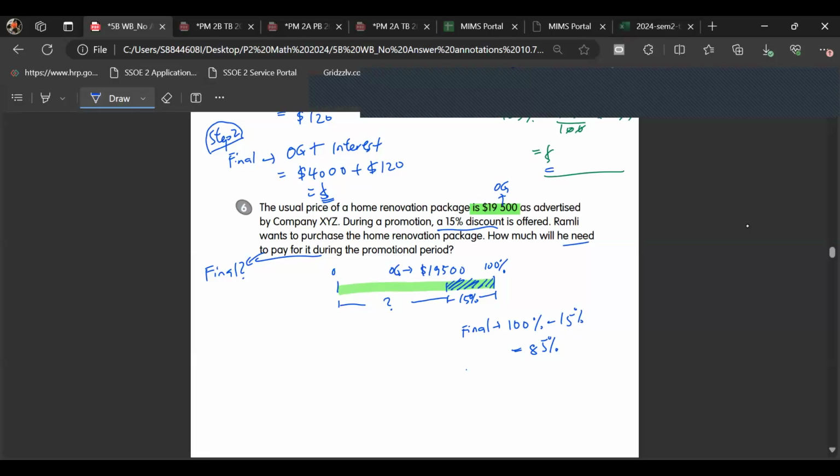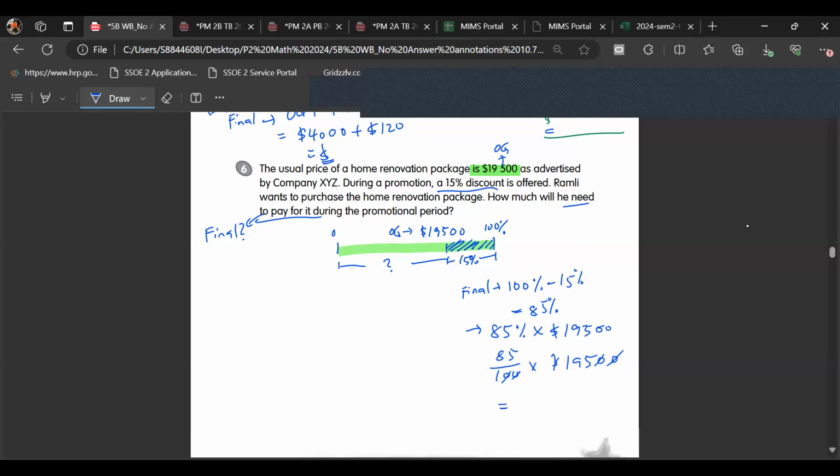So that's 85 out of 100 times 19,500. Simplify, then it will be 195 times 85. That's all.